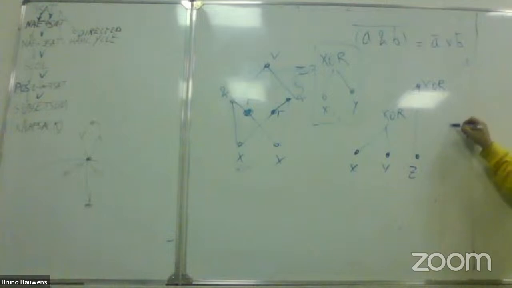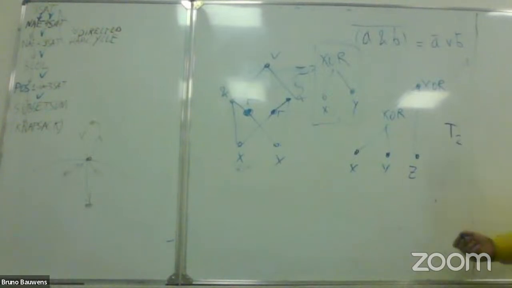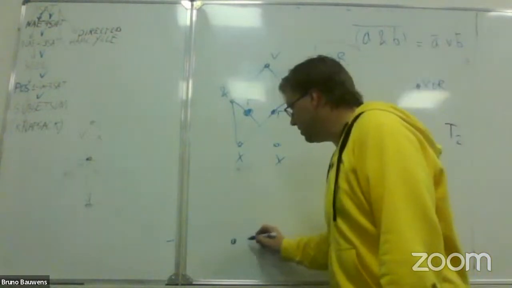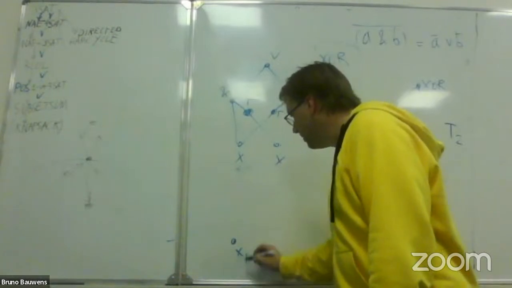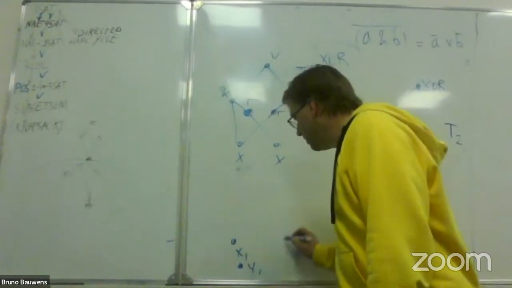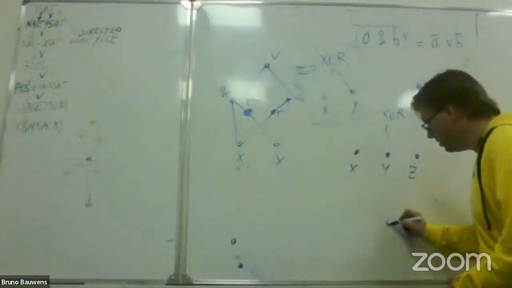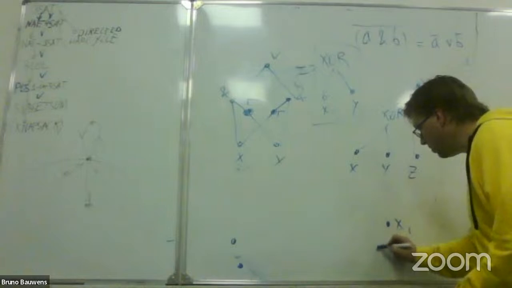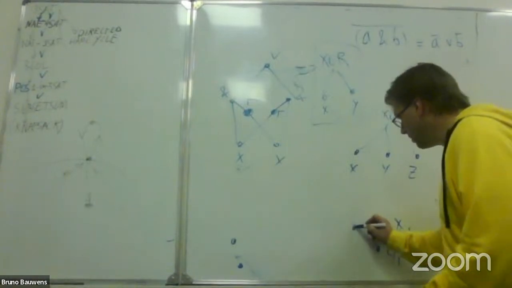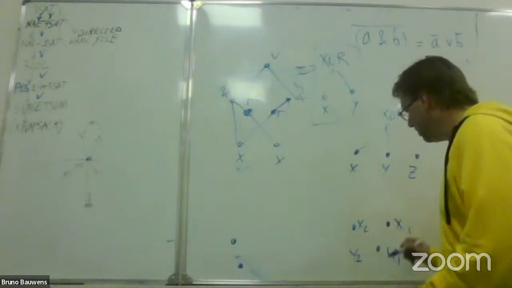Let us call this gate T2, and then we can build the circuit for addition. So the inputs will be X1, Y1, X2, Y2.